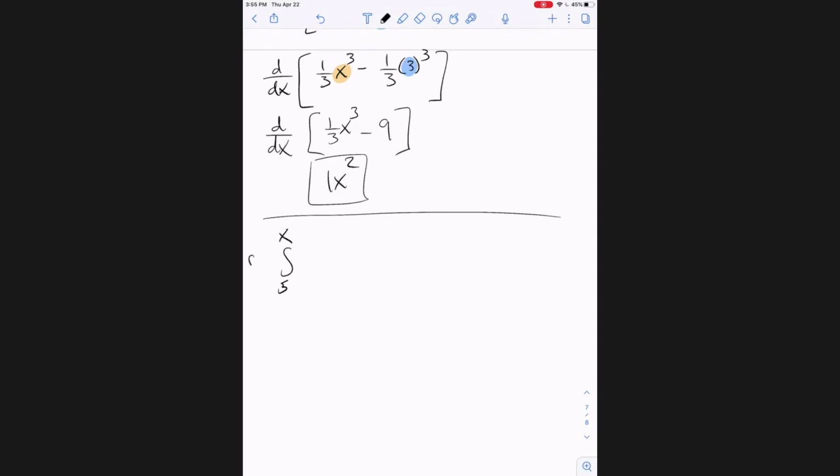Let's call this f of x, equals the integral from 5 to x of the natural log of 1 plus t squared dt. All right, you guys find f prime of x. This is a 5.